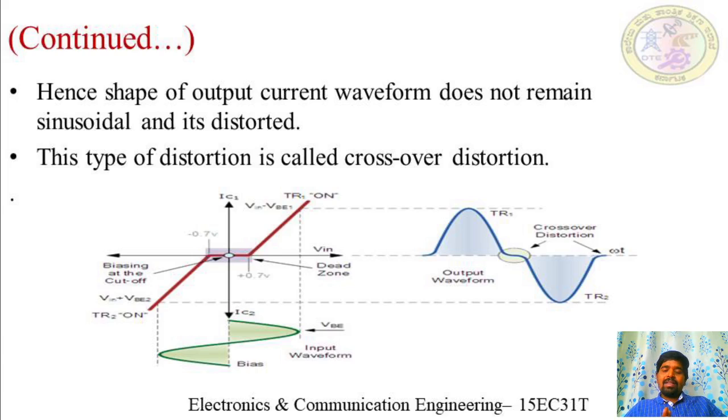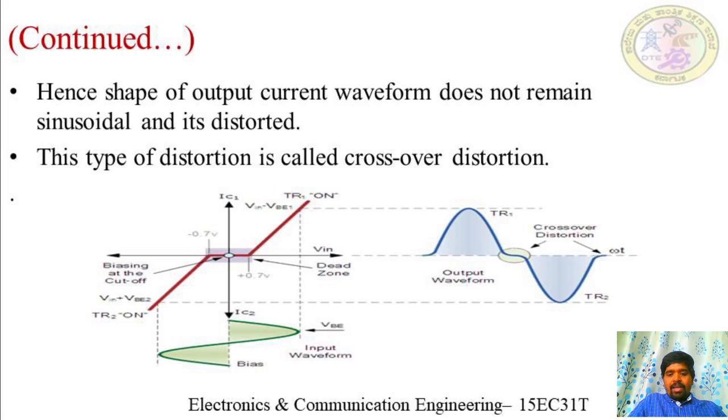One transistor conducts for half the duration and the second transistor conducts for the other half, but because of the biasing, for a certain duration both transistors cannot be on. That causes the crossover distortion.